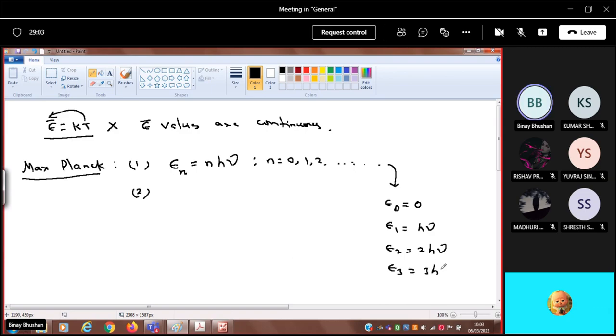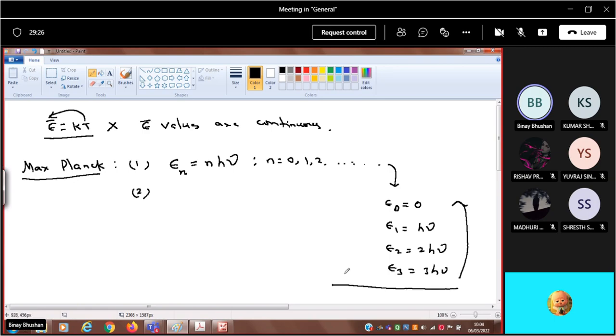That means an oscillator can take only these values. It cannot take, say, 1.2h nu or 2.7h nu. It cannot have continuous values. It can have only certain values. What does it mean?